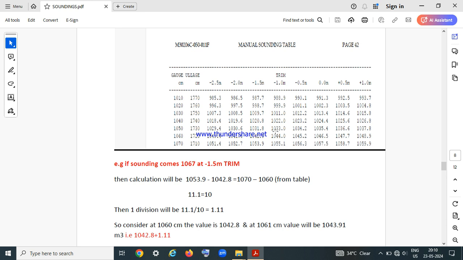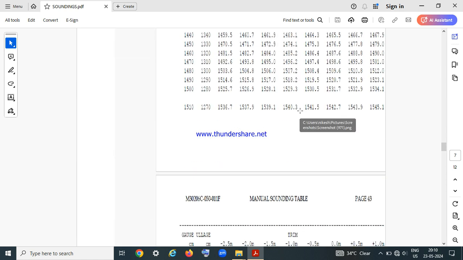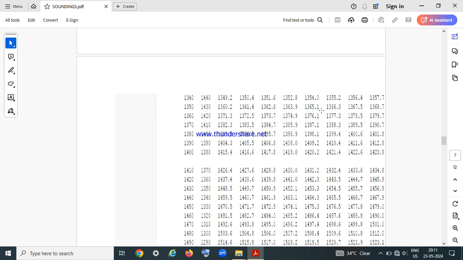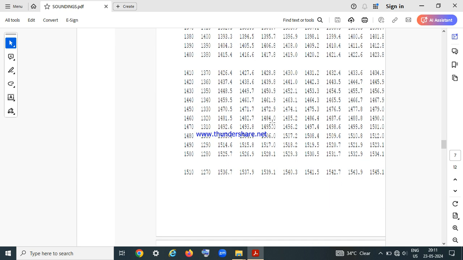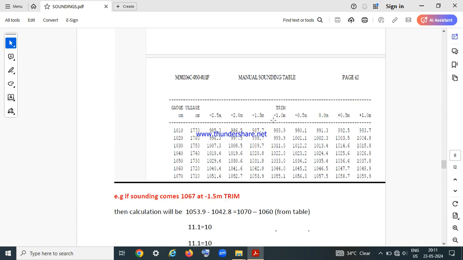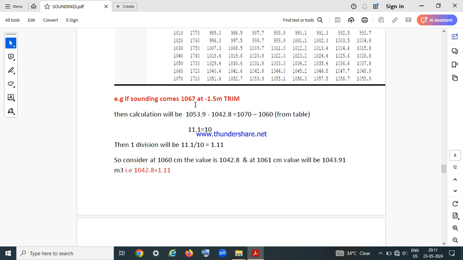Now we will take another example. That example was okay when you get a reading like 1350 corresponding to this. Suppose you find a reading in between, like 1345. So like that example, suppose our sounding comes 1067 and trim comes minus 1.5.